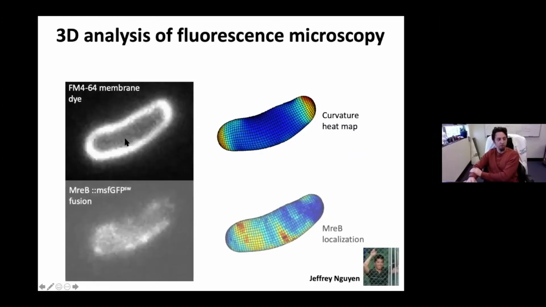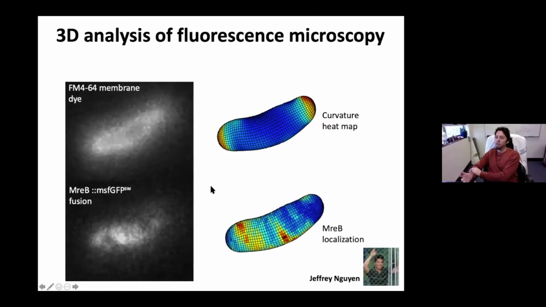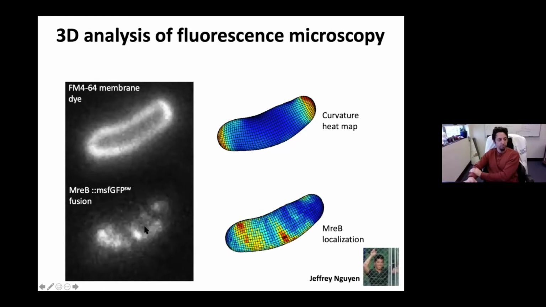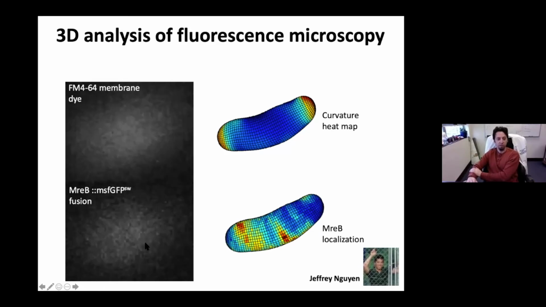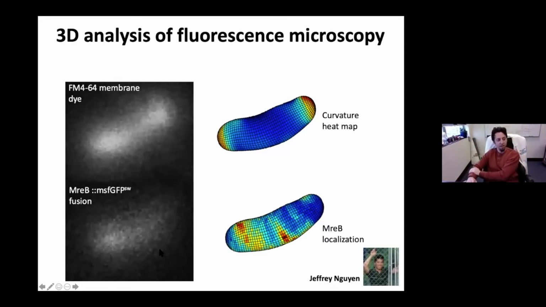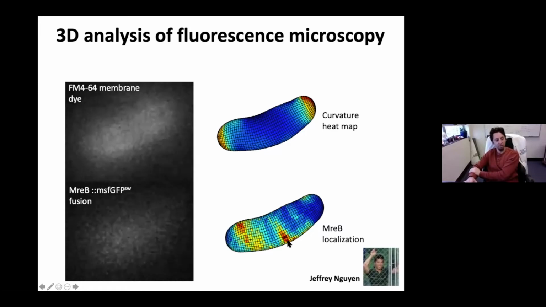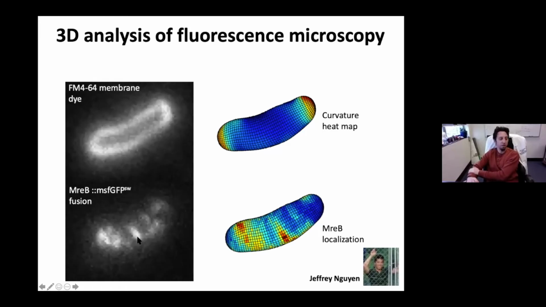And then what we can do from there is we can have a protein of interest that is fluorescent. So that's what you see down here. So we're doing the same, taking that stack of images, and now we can map this protein onto our three-dimensional cell. So you can see the heat map here. So these dark red areas is where this protein is.